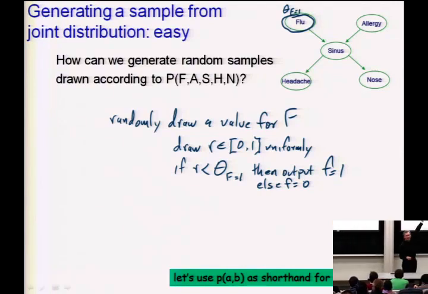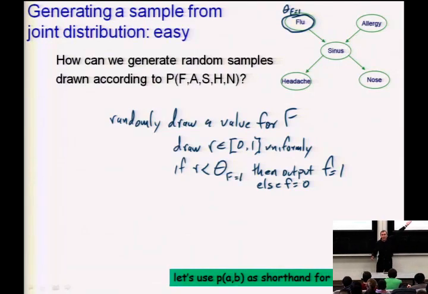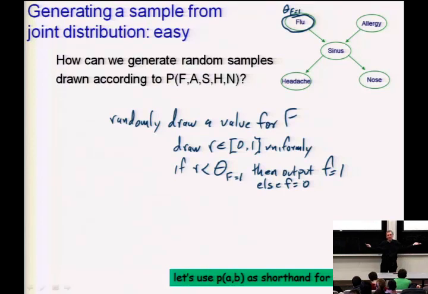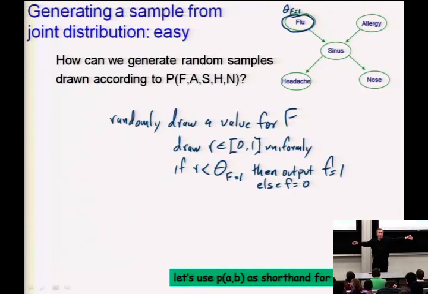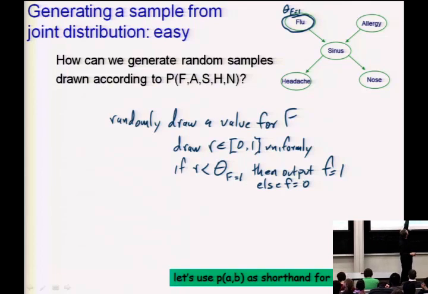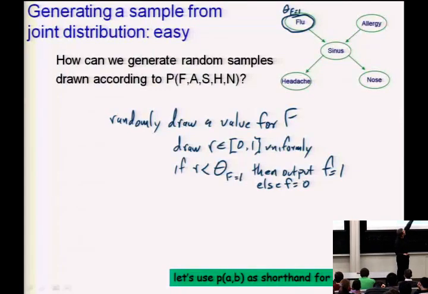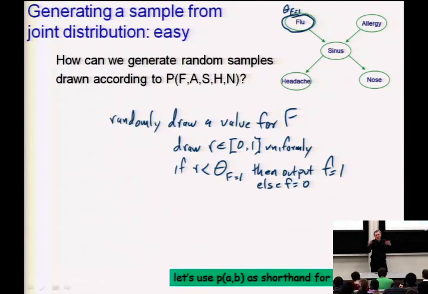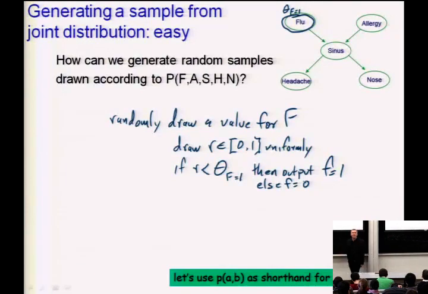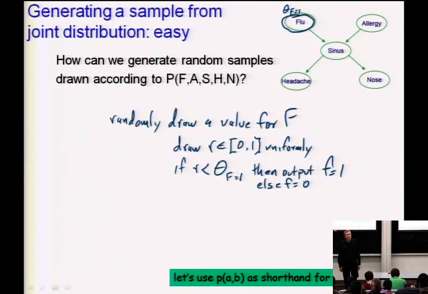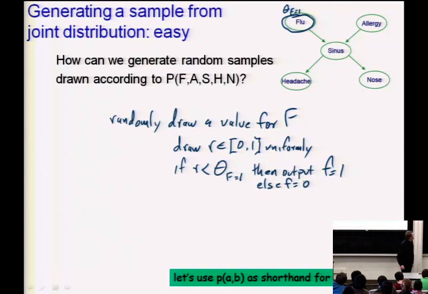Suppose theta sub F equals 1, the probability that the BayesNet tells us that F will take on the value of 1, is 0.9. So now I'm going to draw a random number uniformly between 0 and 1. If that random number happens to be less than theta, 0.9, then I'm going to output F equals 1. And otherwise, F equals 0. And of course, if it's uniform distribution, this rule will give me 90% F equals 1s and 10% F equals 0s. So it's pretty easy.